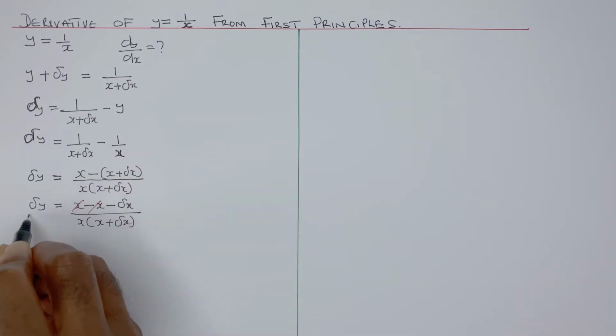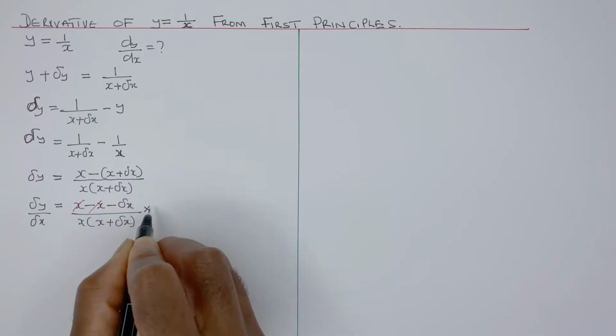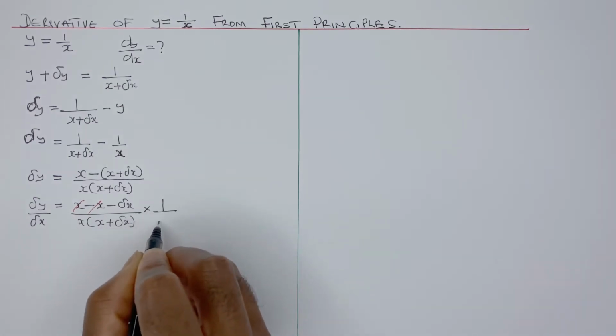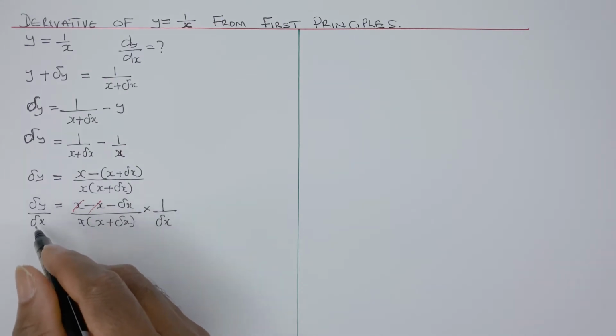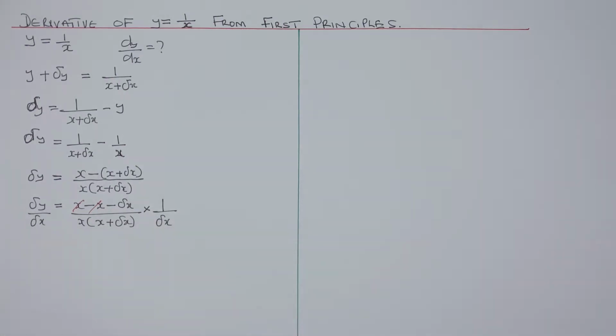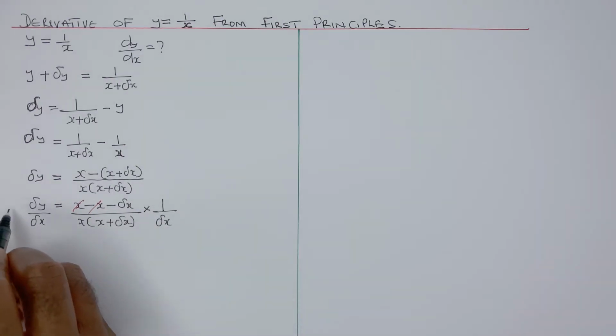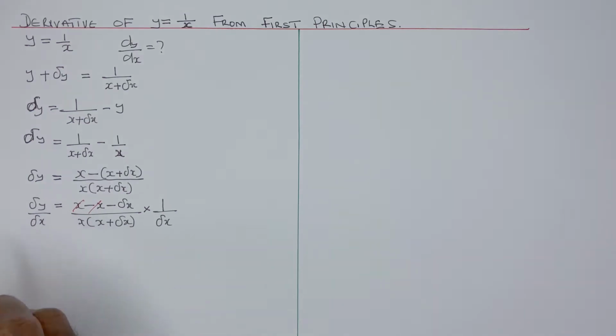So if I then divide that by delta x, that means I'm timesing this by 1 over delta x. It's the same thing. If you're dividing something by something, you're timesing it by 1 over something. I've just timesed this by 1 over delta x. That's why it's in the denominator.